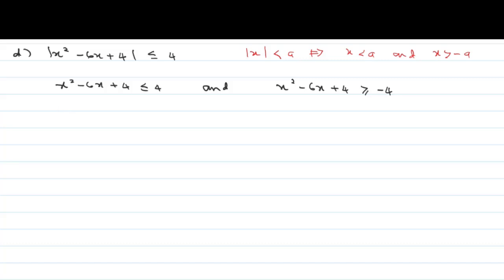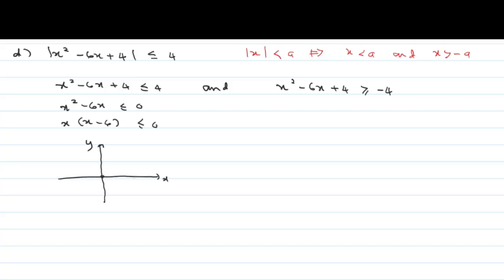Remember, the first step to solve quadratic inequalities, right side must be 0. So we have x squared minus 6x less than or equal to 0. Second step is factorize. So here we have x times x minus 6 less than or equal to 0. You can use graph to solve the inequality.